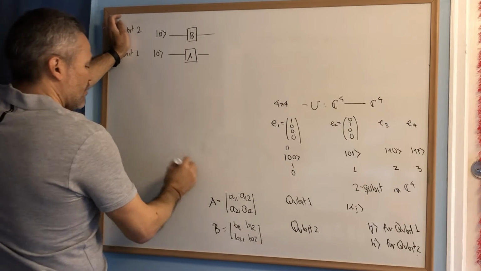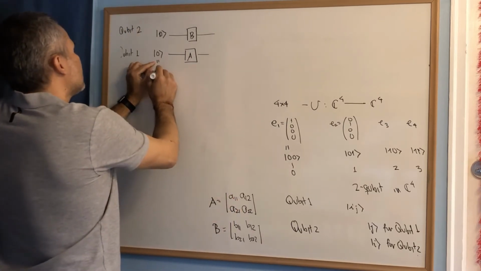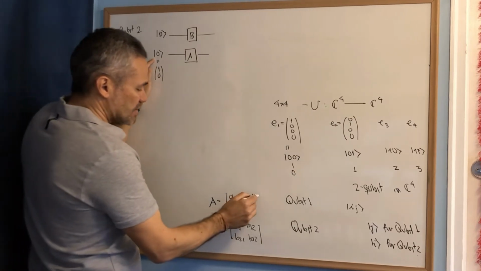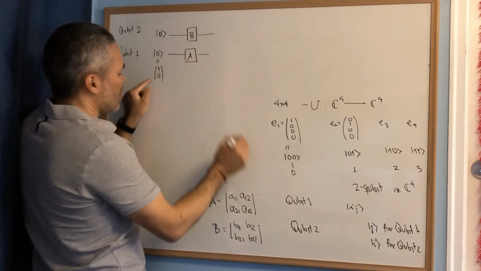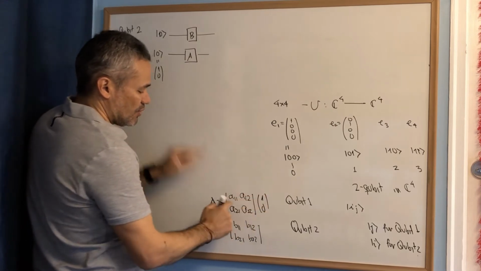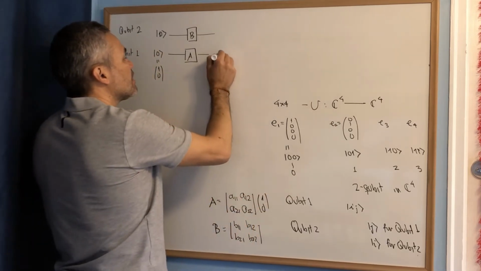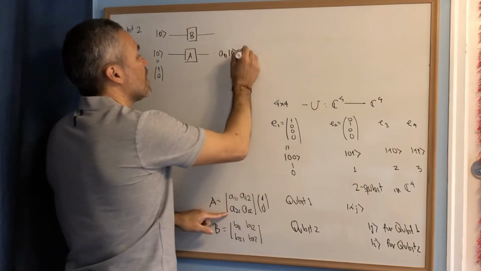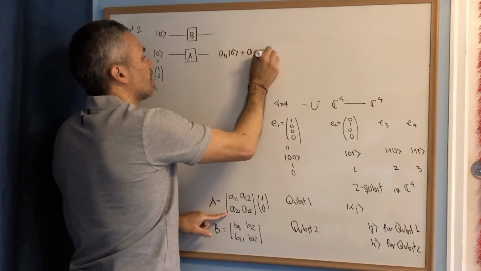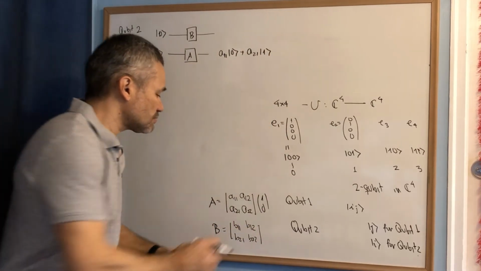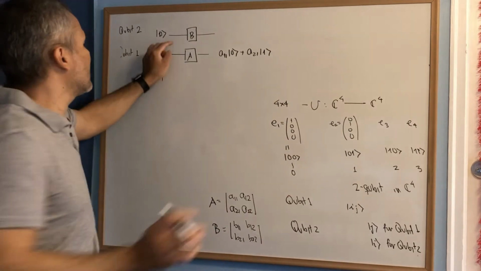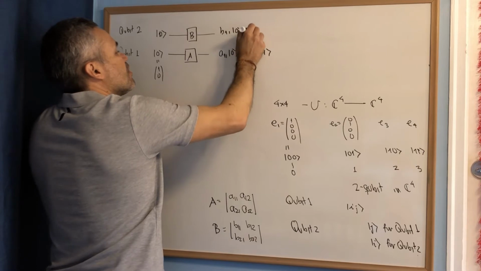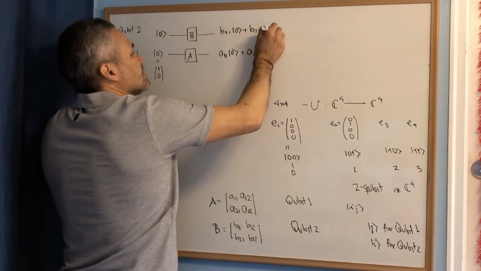But then if we think about this, on the other hand, this goes with 1, 0, right? This vector. Then what is the product of A on this vector? When we do this, we get A11 state 0 plus A21 state 1. And likewise, we get B11 state 0 plus B21 state 1.